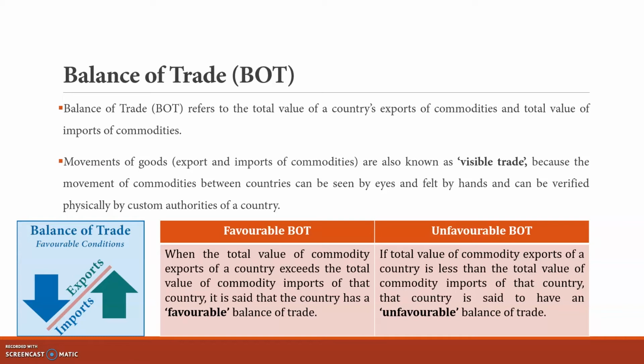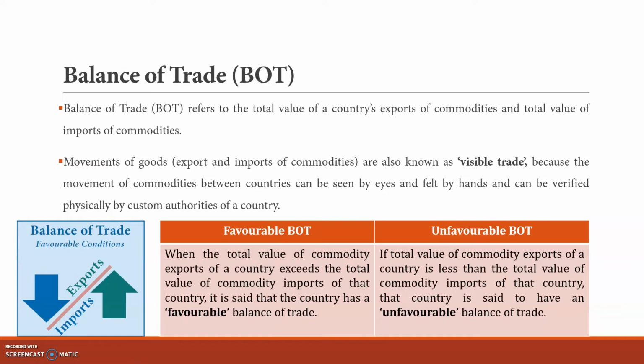So a country is in a position of favorable balance of trade. And unfavorable balance of trade refers to which one? The total value of imports will be greater than the total value of exports. So this is called unfavorable balance of trade.